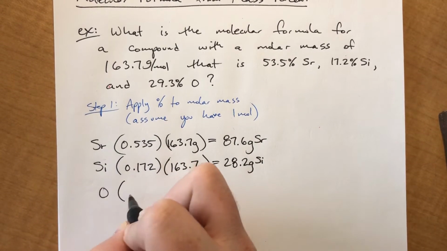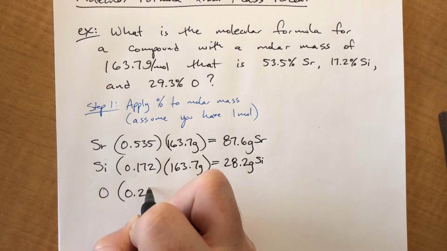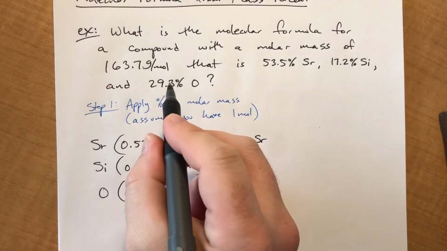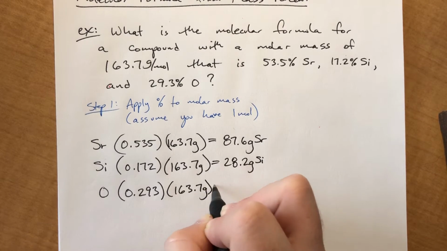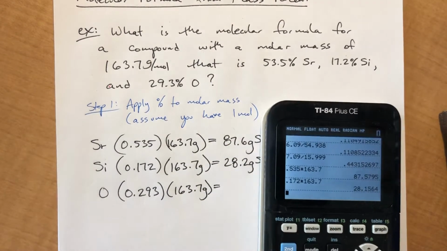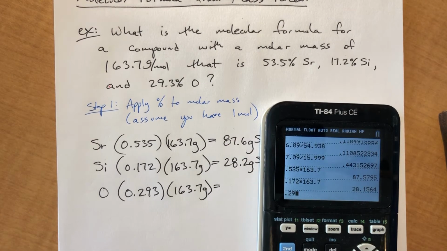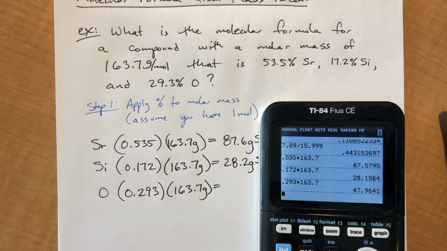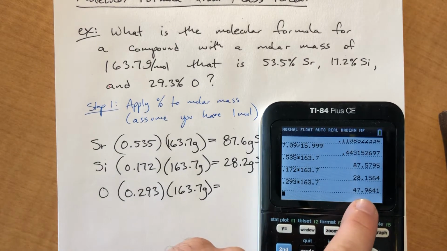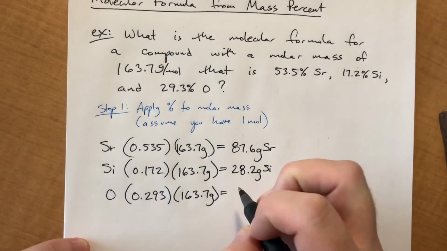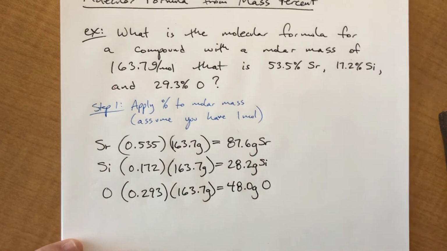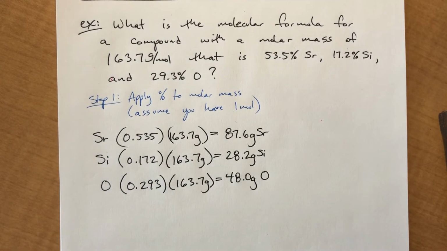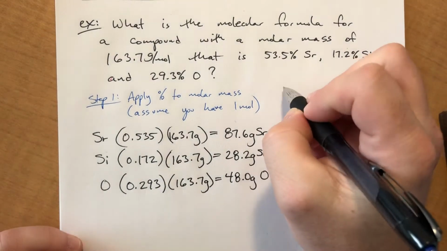And for oxygen, we're going to take 0.293, which is the percentage here, times 163.7 grams. And I got 48.0, I guess I would round up. Okay, that's step 1.